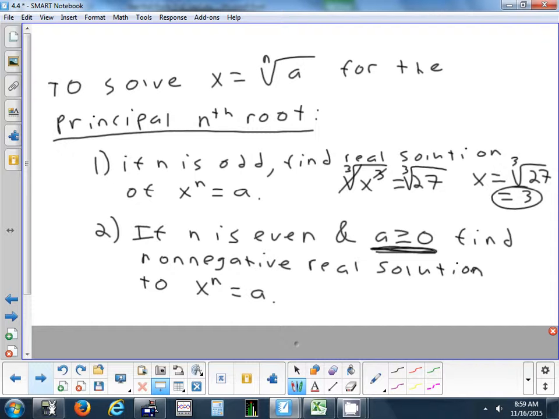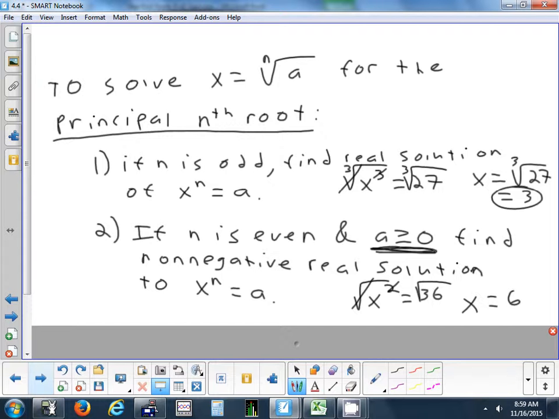Right, so in this kind of problem, you might have x squared equals 36. John, what would be the opposite of squaring? Square root. Yeah, you'd square root. So if you have an equation like that, you're going to have to use a square root. And we get x equals, what times what is 36? 6.